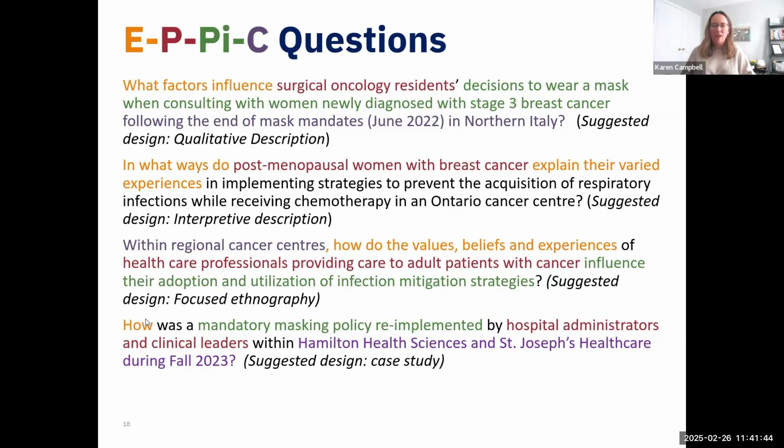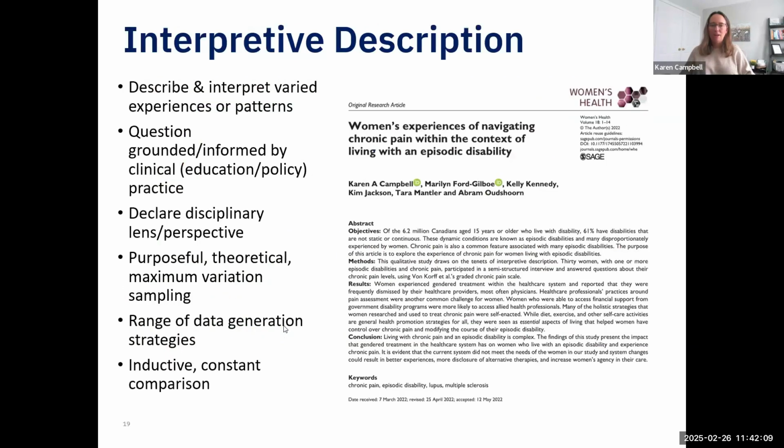And case studies, again, often start with how questions and are looking at something very specific within a case. So hospital administrators and clinical leaders was our population, and mandatory masking policy re-implemented within the Hamilton Health Sciences during fall of 2023.